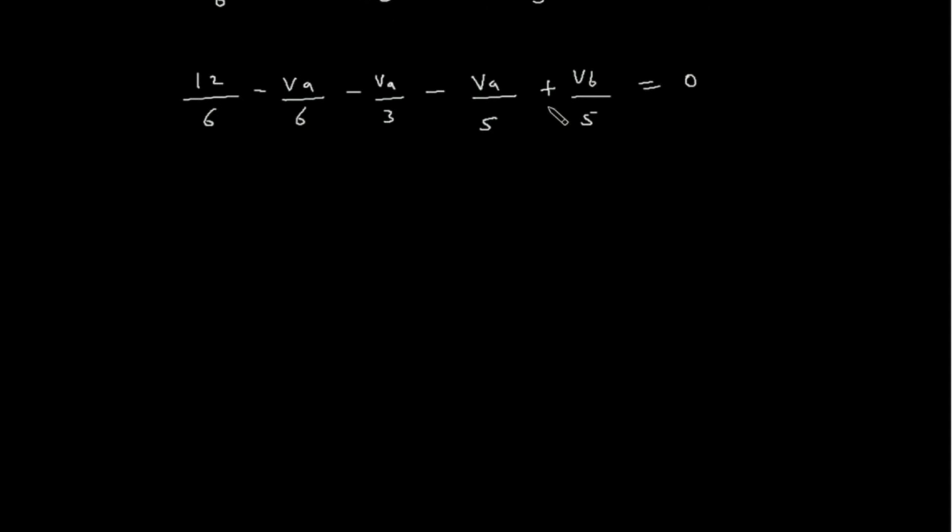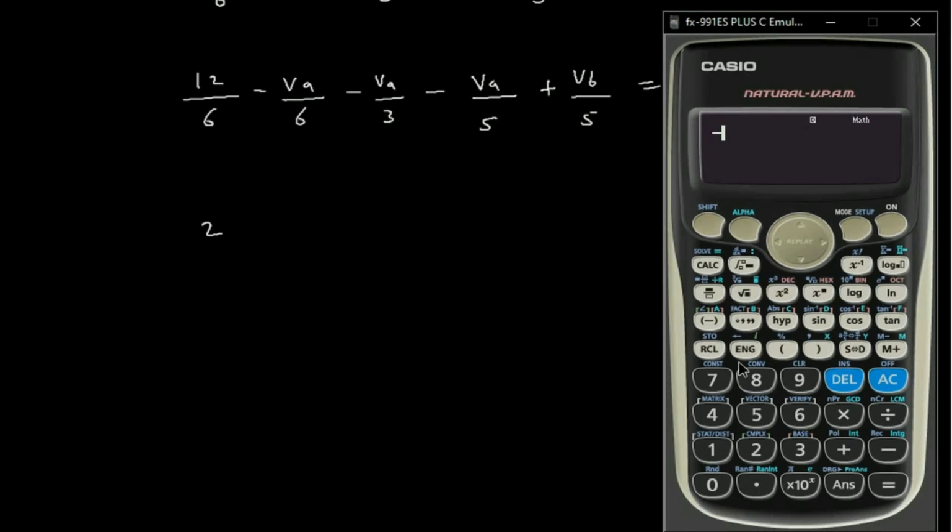So now this will be 2, minus 1 by 6 minus 1 by 3 minus 1 by 5, which is minus 7 by 10.